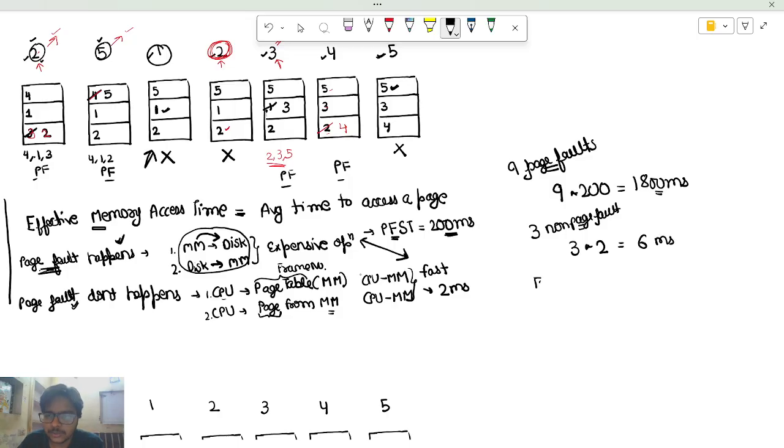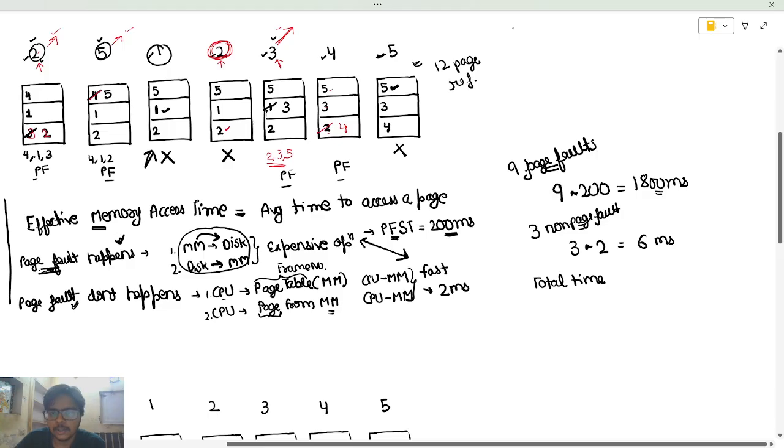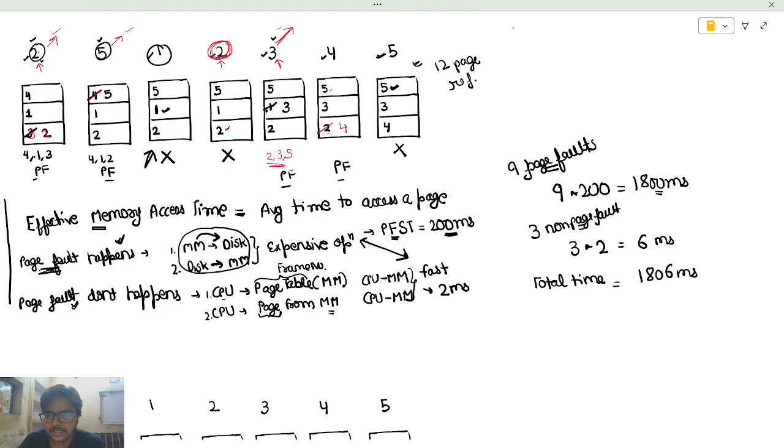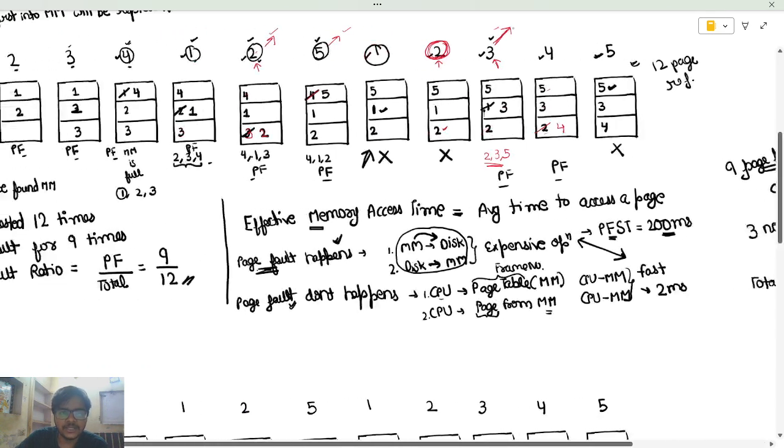So you can see here the total time it took the CPU to process these 12 page references: 1806 milliseconds.